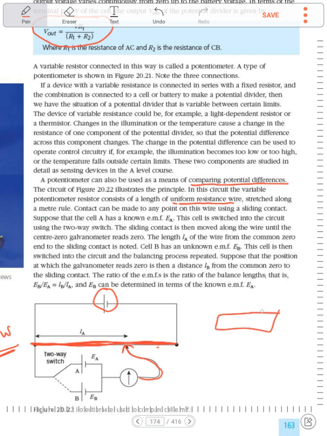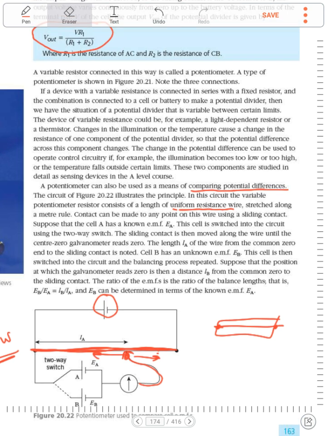We have a meter rule, and we put a wire on it. We will see it like this in the practical sessions. Contact can be made to any point on this wire, so this can be moved right or left depending on the experiment, and depending on when you find the reading of 0 here.